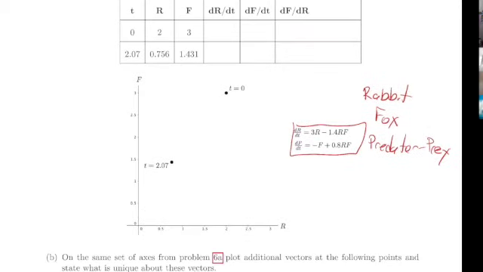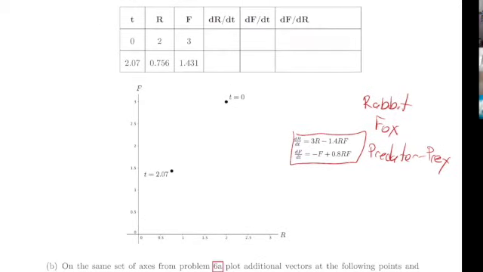So typically when we're graphing systems of differential equations, we'll graph the two dependent variables on the same axis. And when we do this, we call this the phase plane.